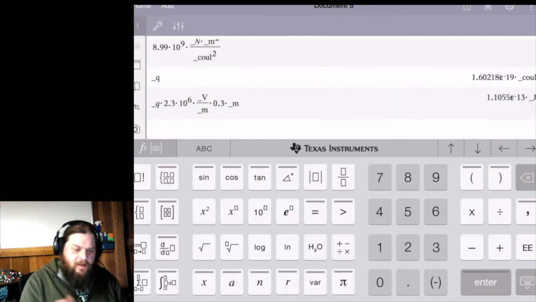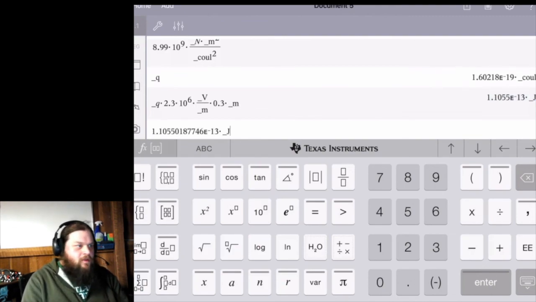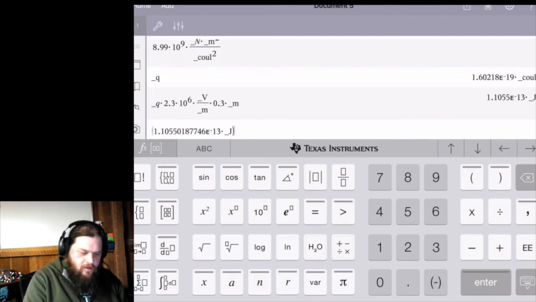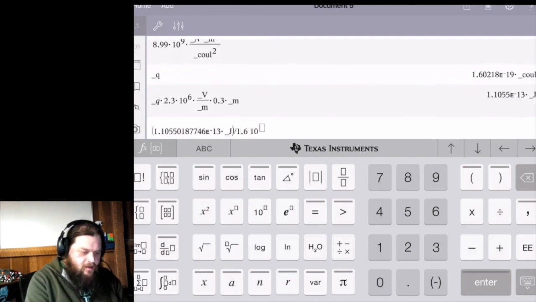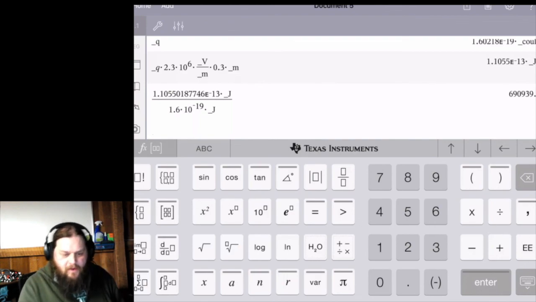That's what's wrong, I need to convert it to electron volts. So remember, there is 1.6 times 10 to the negative 19 joules per electron volt, so we can divide this whole thing by 1.6 times 10 to the negative 19. And that should be how many electron volts we have, which is about 690 kilo electron volts.